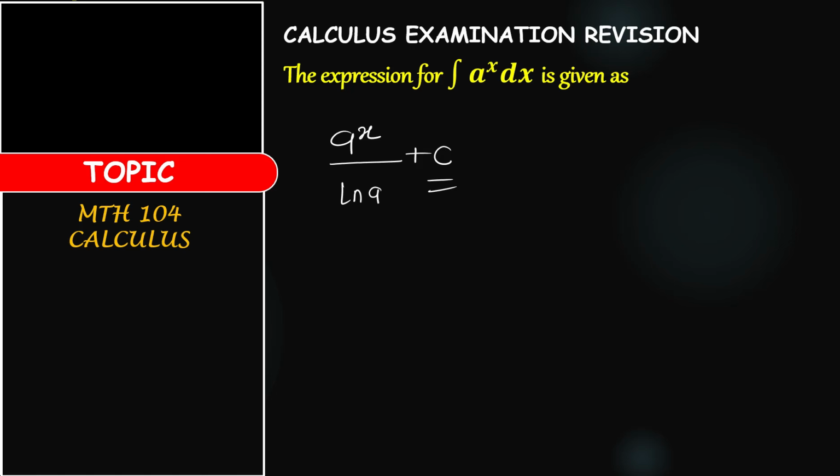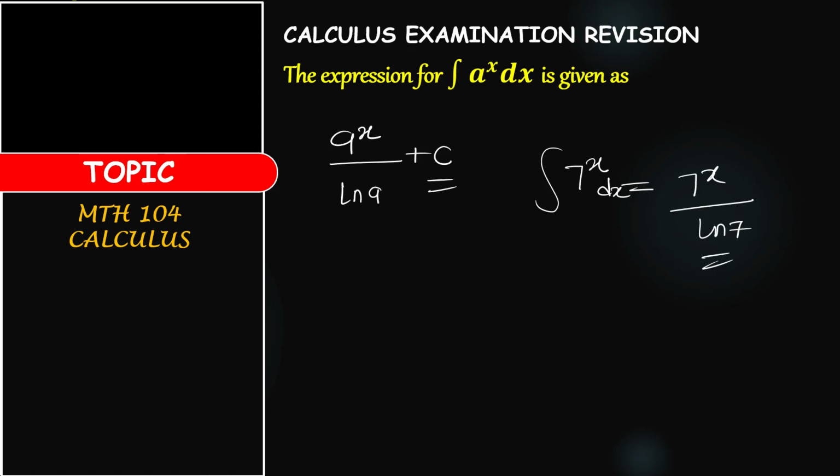If they say you should integrate this. Alright, so any integral that was given to you, you should use this approach to solve it. So if they say integrate 7^x dx, first of all write the 7^x, then write natural log of what? 7. And that is the correct answer to that question.